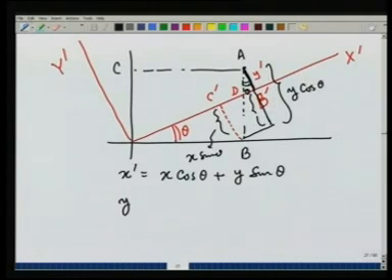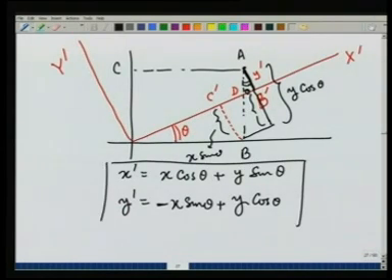So, y prime therefore, is going to be y cosine of theta minus x sine of theta.